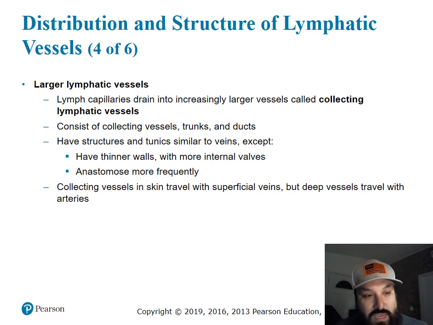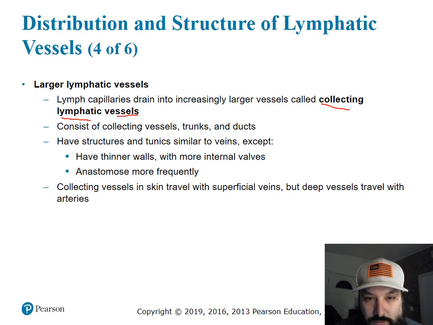Okay, so moving on past the capillaries, we talk about the larger lymphatic vessels. Very similar to the blood vessel system, smaller capillaries lead to larger vessels, and the lymphatic system is exactly the same way. The capillaries drain into larger vessels, and we call those collecting lymphatic vessels.